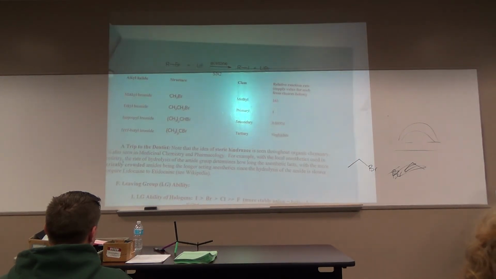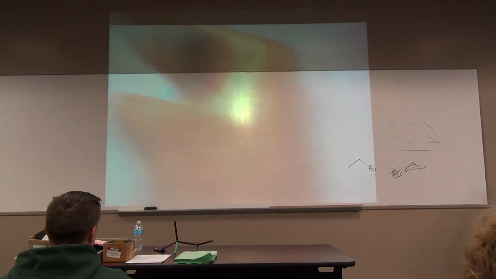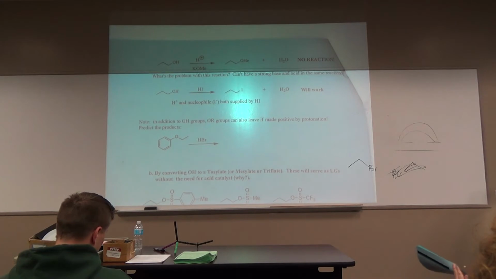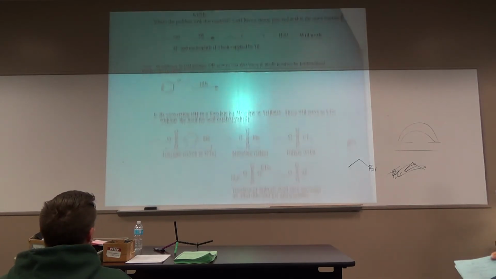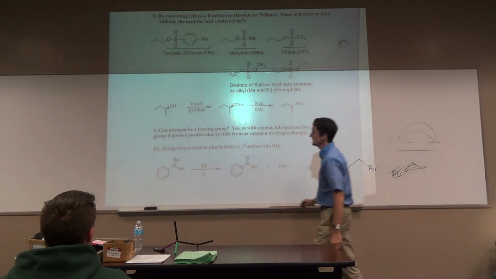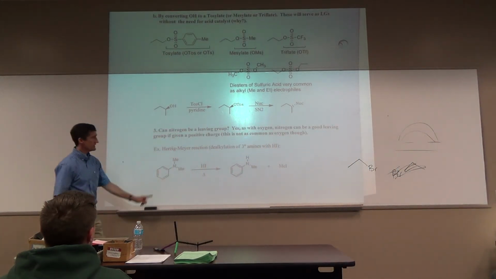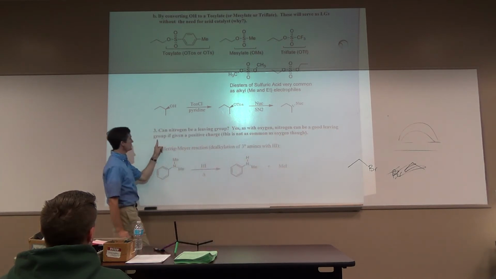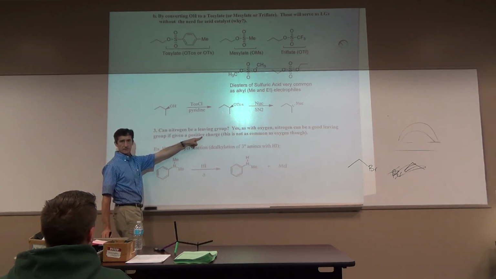Okay, other leaving groups. Can nitrogen be a leaving group? Look at halogens, oxygen, nitrogen. Yes. As with oxygen, nitrogen can be a good leaving group if it's made positive. It's not going to leave on its own.